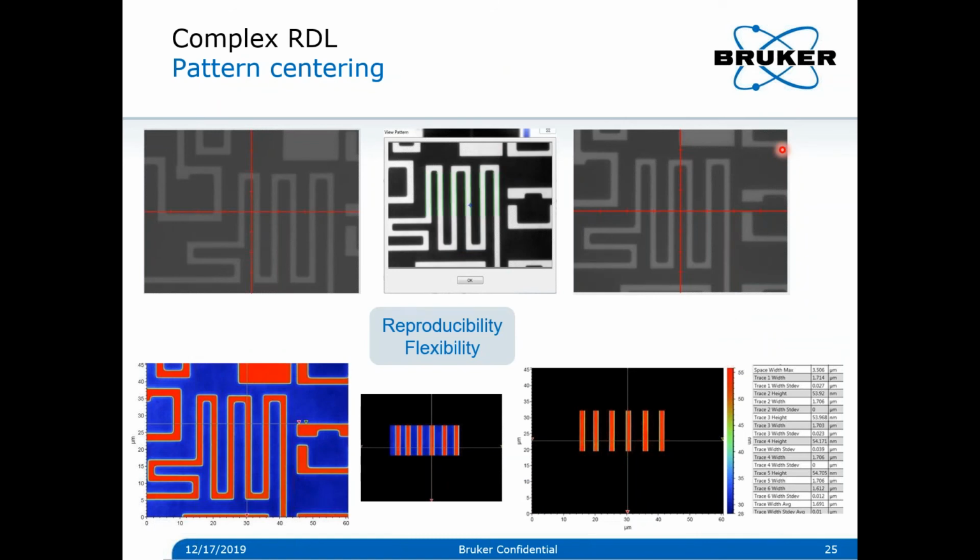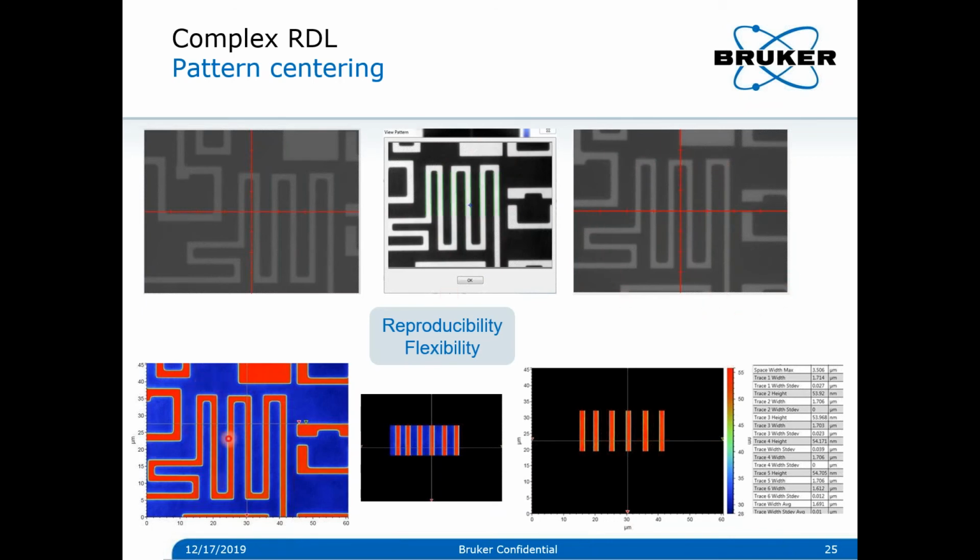However, the structures are not that simple, especially with advanced 3D packaging, where RDL layers get very complex patterns, like some kind of serpentine structure. This structure can be automatically captured with an intensity image through the Cognex algorithm and be automatically recentered in a very reproducible way.